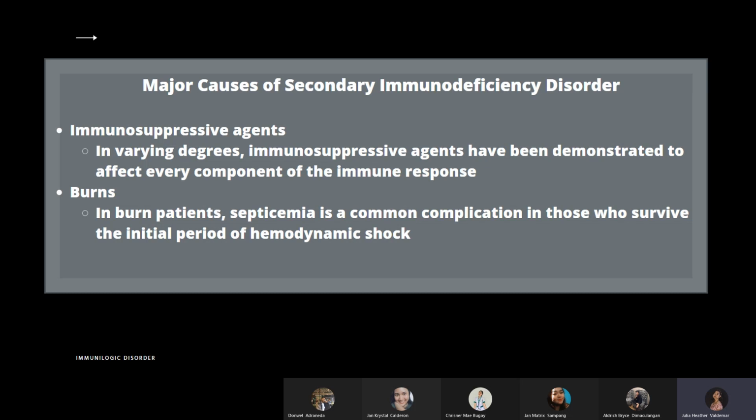The next is burns. In burn patients, septicemia is a common complication in those who survive the initial period of hemodynamic shock. So we all know what is hemodynamic shock. The next slide, please.